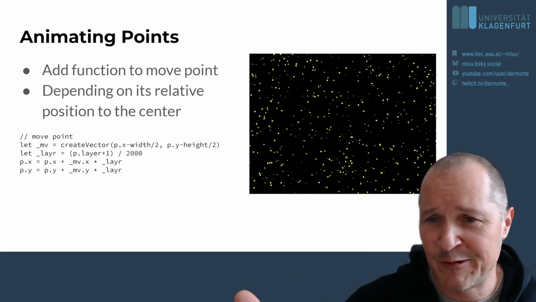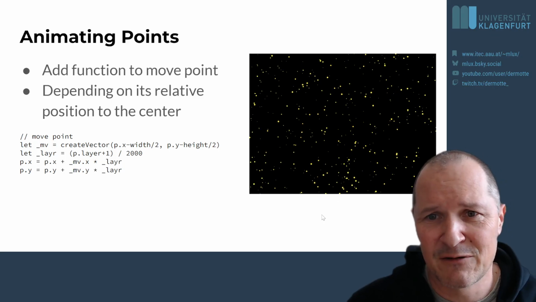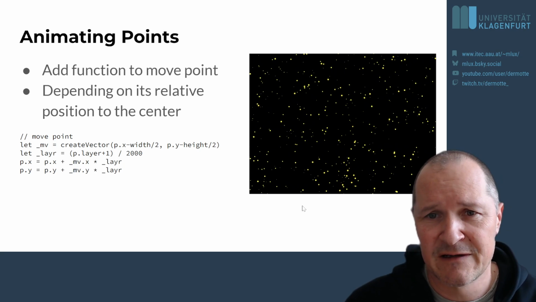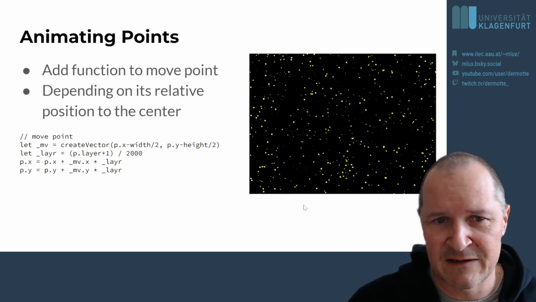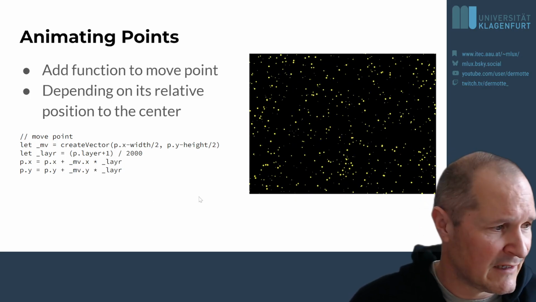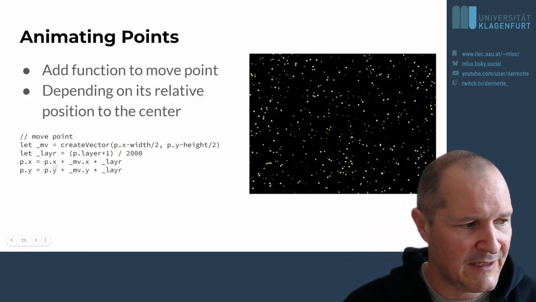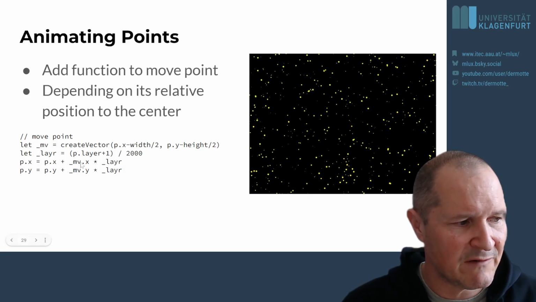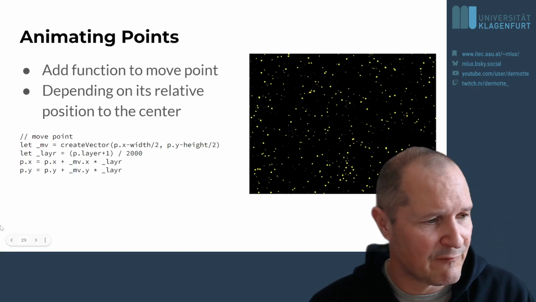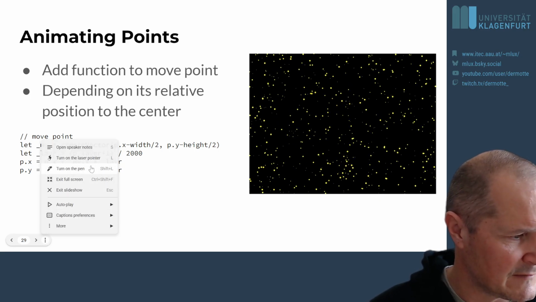I mean, they would then turn to lines, for instance, in the Guardians of the Galaxy. But here, if you look closely, you see that the thicker points, the bigger stars, move faster away from the center than the smaller stars. And what I do here is I have a movement vector. So for each point, I add the movement vector, and the movement vector is an extension from the center to where is it? Turn on the pen.